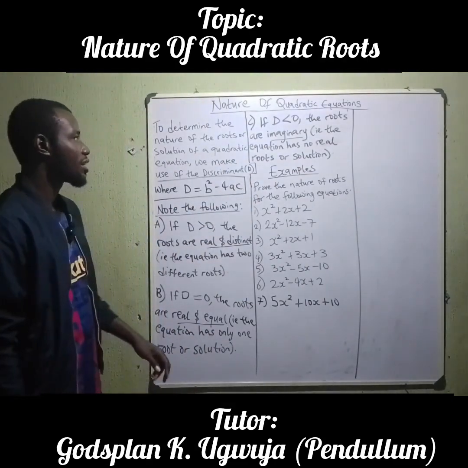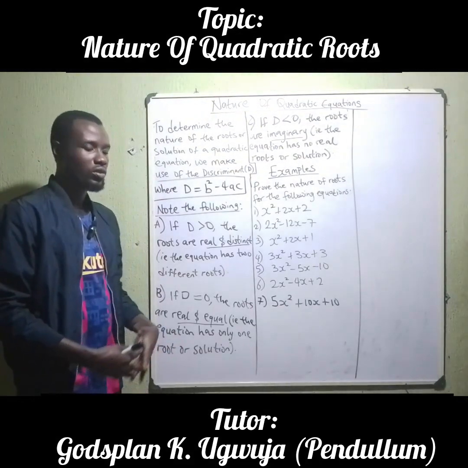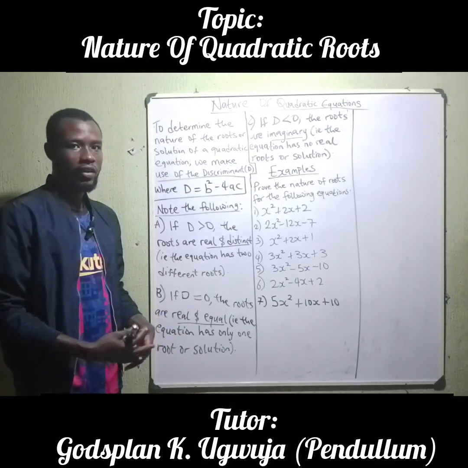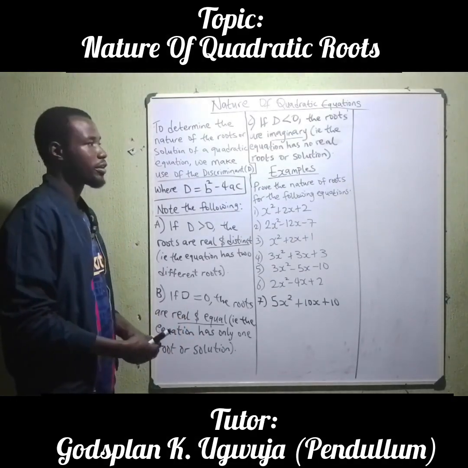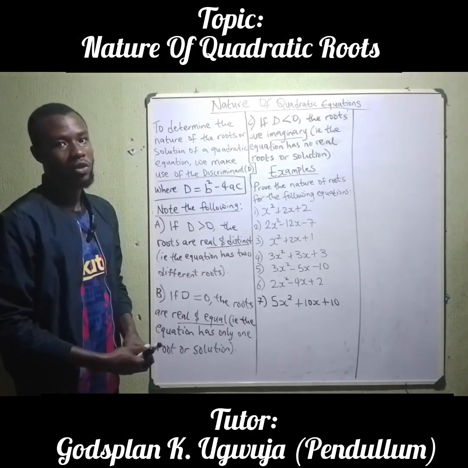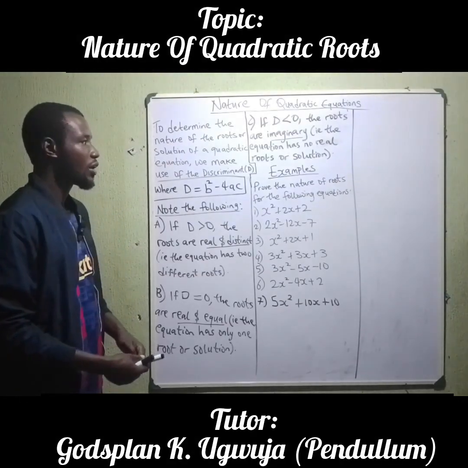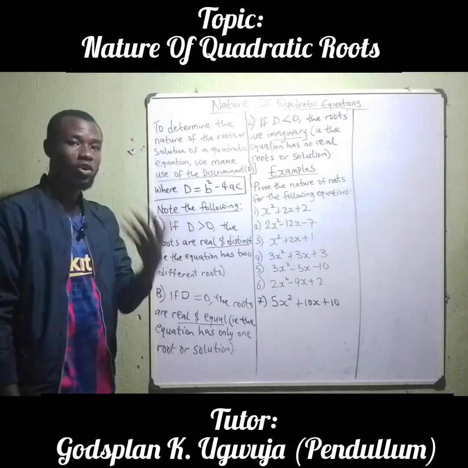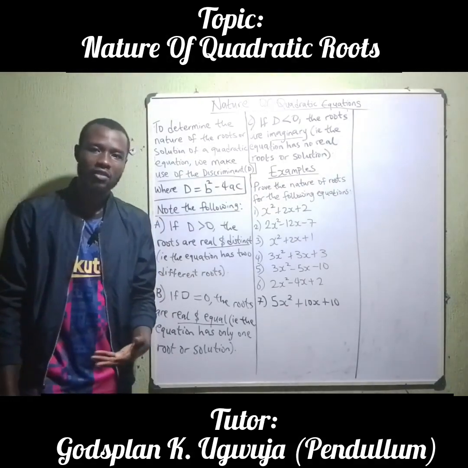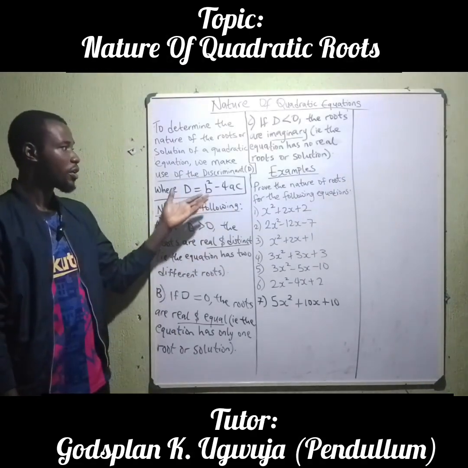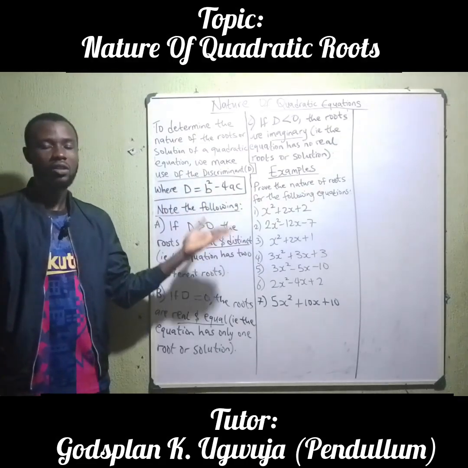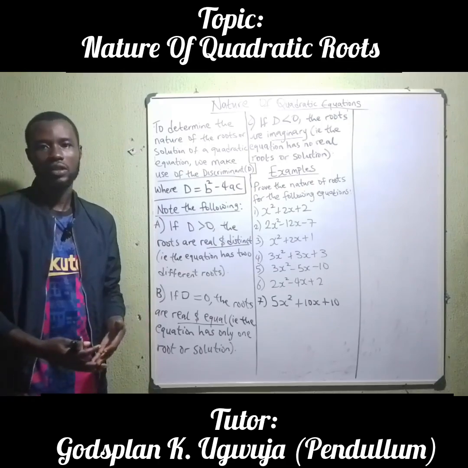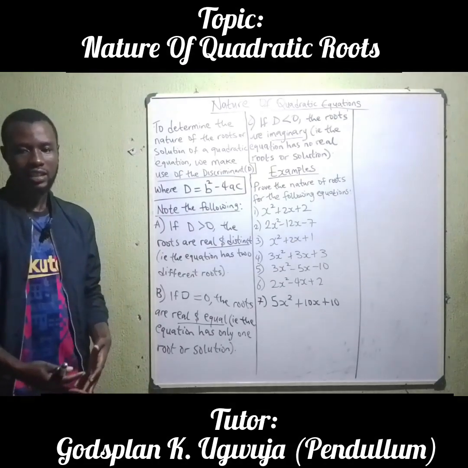So if you are asked to find the type of roots or the type of solution a quadratic equation has, you are going to use the discriminant. This is how you are able to get the roots of the equation without having to solve the equation completely and getting the answers before you can determine the roots.